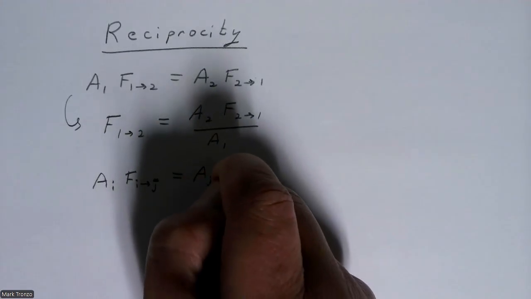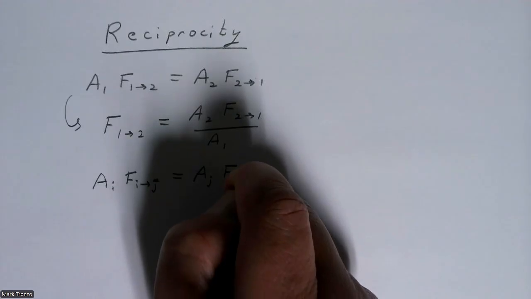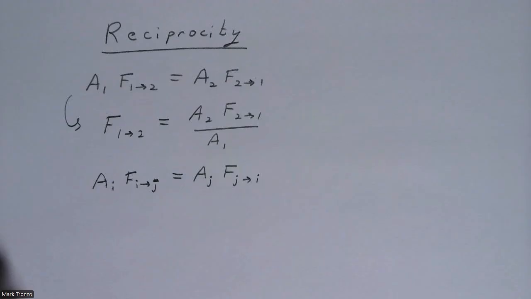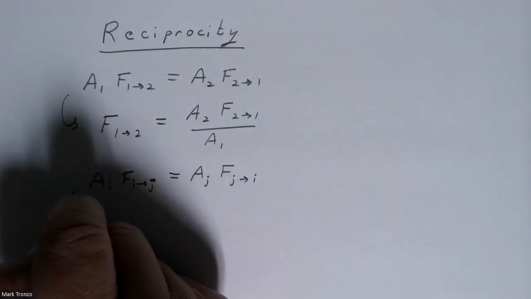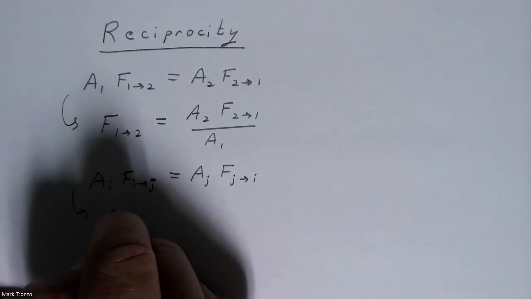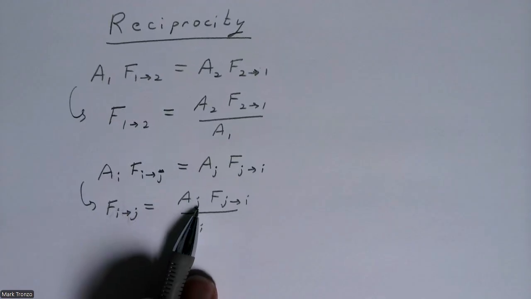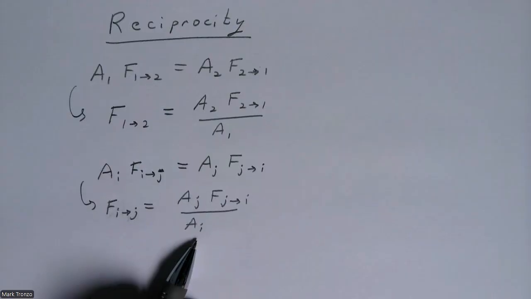Once again, let's say you want to solve for F I to J, you again just divide by AI.